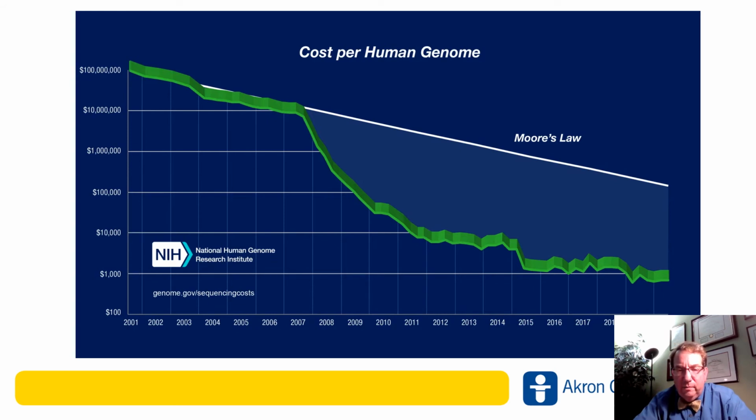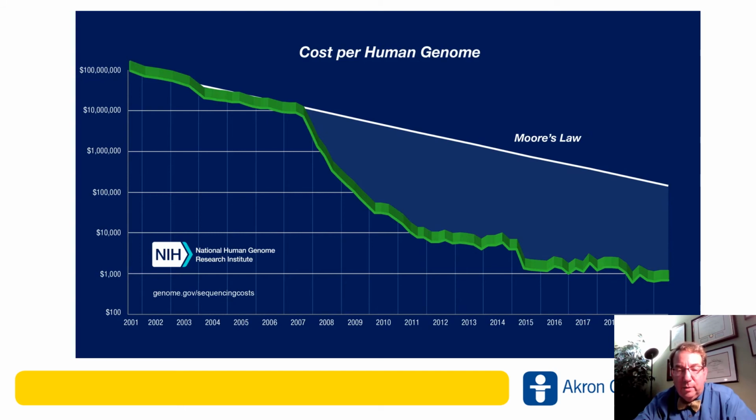And again, when this became commercially available for non-medical purposes, wealthy people wanted to know what their genome showed, not that it was well interpreted. It was about 2007, 2008. You could buy a sequence for about $150,000.